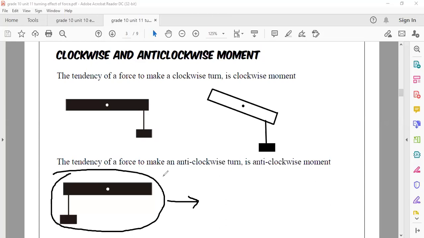Done, sir. Second diagram, have you drawn? Yes, sir. Has everyone drawn? எல்லாரும் draw பண்ணிட்டீங்களா? Yes. Are you clear? Yes, sir.